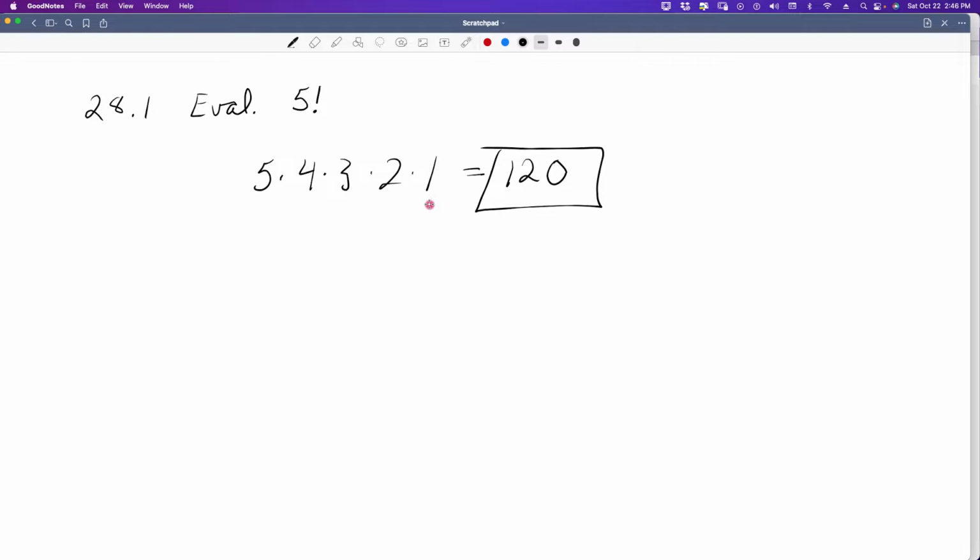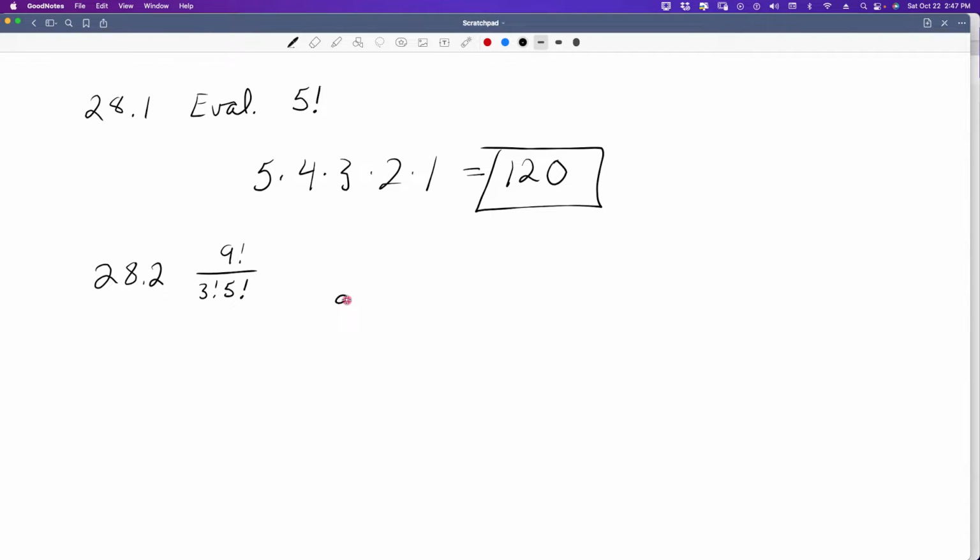So let's look at how to evaluate something a little bit more complex. Without a calculator, we are going to evaluate 9 factorial divided by 3 factorial times 5 factorial. We'll start by simply writing out the factors and make it easy on ourselves.